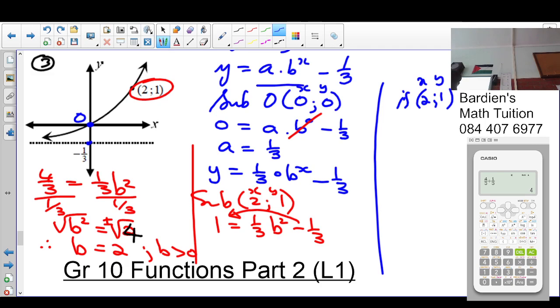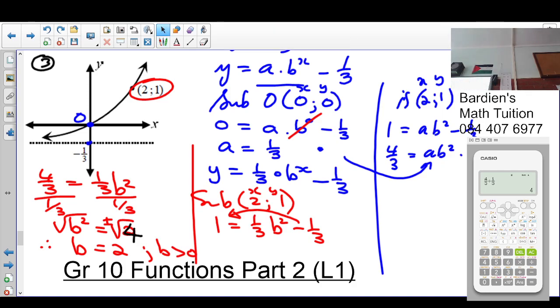So it's going to be 1 is equal to ab squared minus a third. So that over becomes 4 over 3 equals ab squared. And that's equation 1. Then when you go with 0 and 0, you'll see that your a is a third. Then you substitute the third in there and you'll solve for b again. So it'll always be easier to substitute the point that gives you a first.